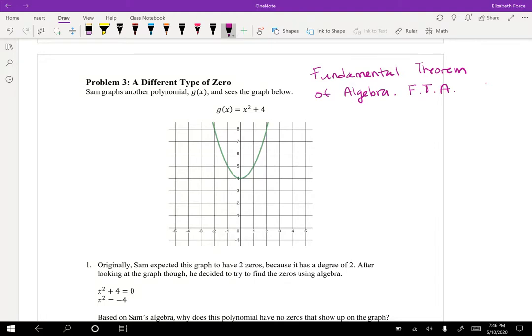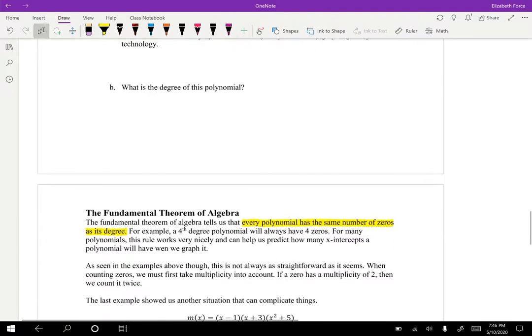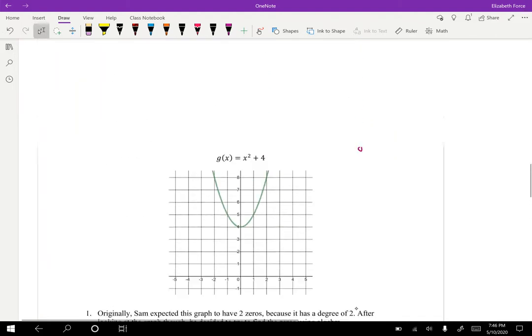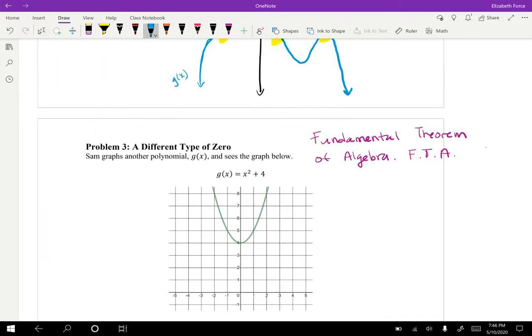On the 4th page of these notes, there is a nice little highlighted section that gives you a very brief definition. It states that every polynomial has the same number of zeros as its degree. So in very simple terms, a polynomial of degree n basically means you have n zeros.